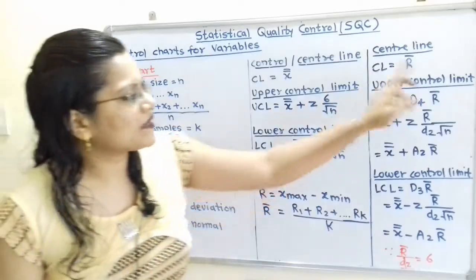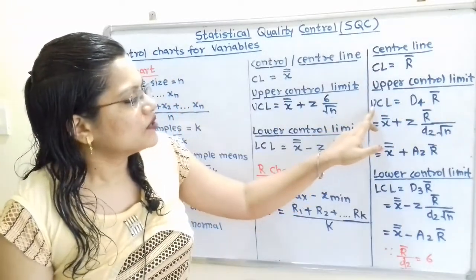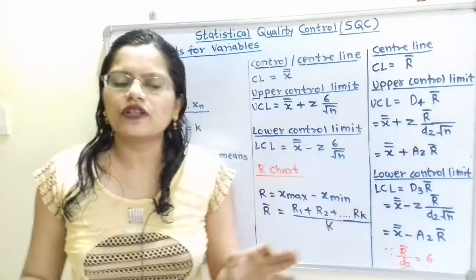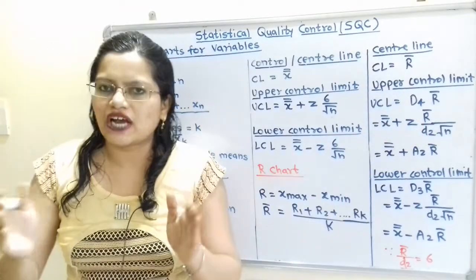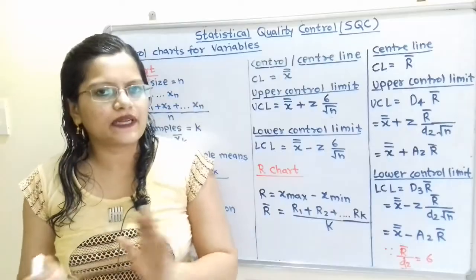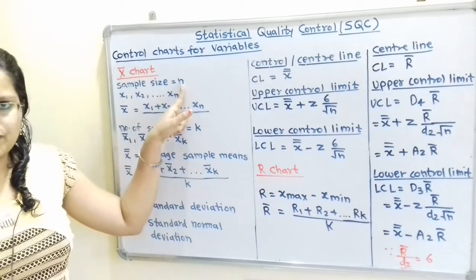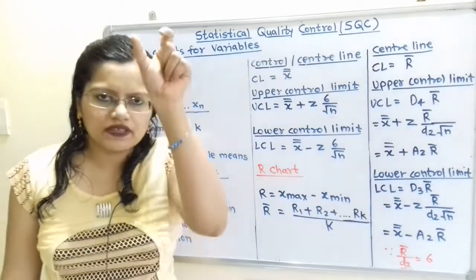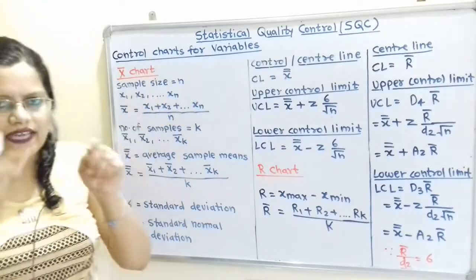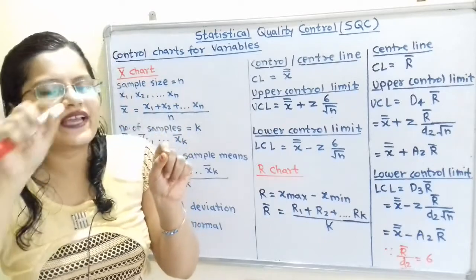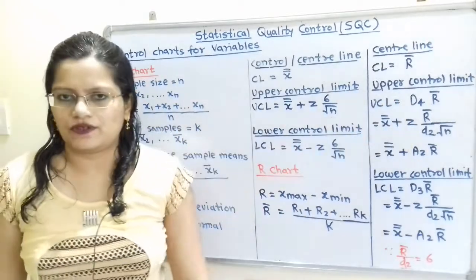Now for the upper control limit, UCL is D4 R bar. This value of D4 we get from the chart provided in the examination, and it depends upon the value of n. So for this sample size n, we have to take the value of D4.